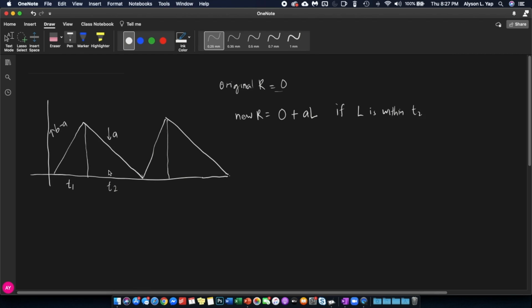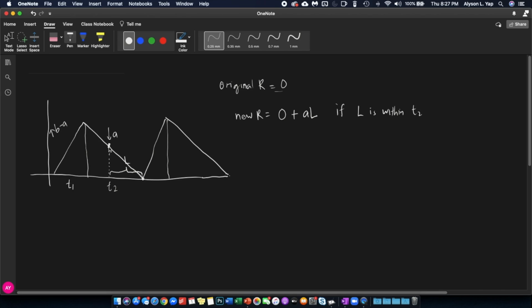If, let's say, your L is within this part of the graph, and let's say this is L, then all you need to do is identify this part of the graph. What you can do now is to have this point as your reference point, and the reference point is zero at this point.